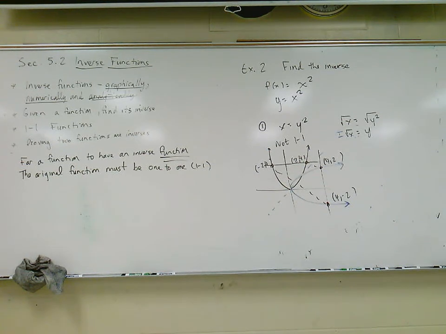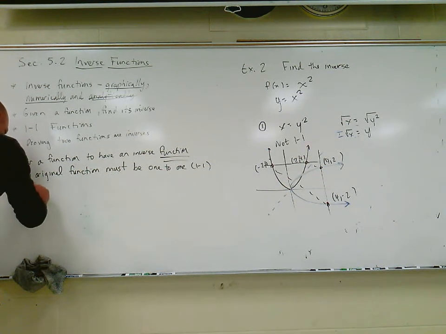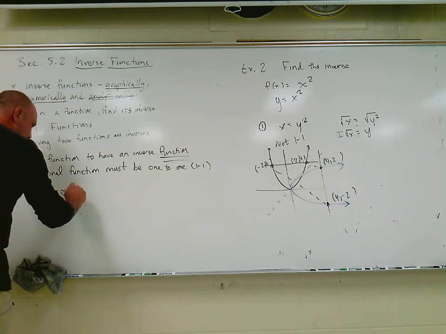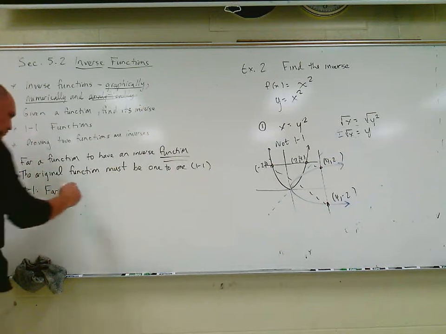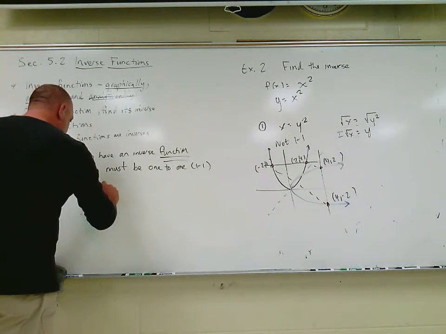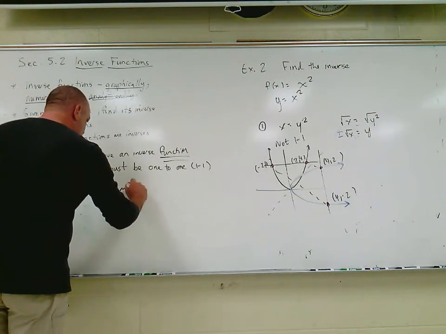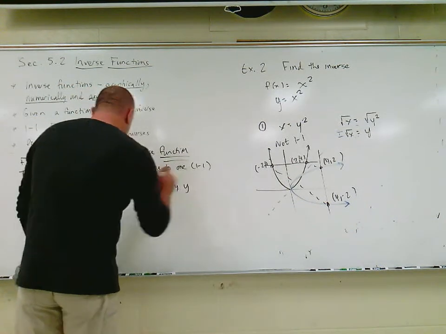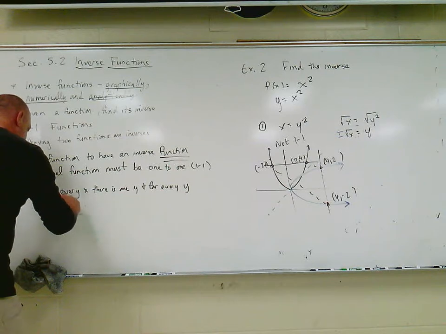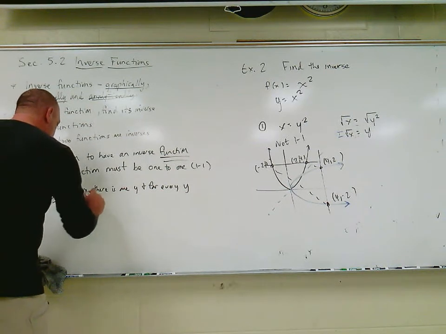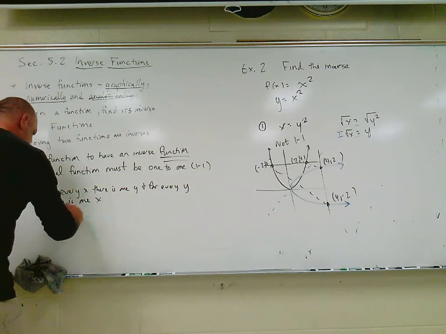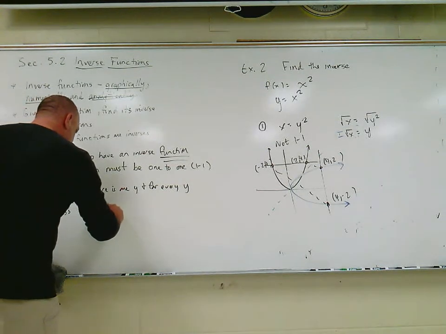All right. So now, what does it mean to be 1 to 1? This is what it means. I'll write the words out, but I'll just show you the picture, it's easier. For every x, there is 1 y, and for every y, there is 1 x. The easiest way to do this is must pass VLT and HLT.